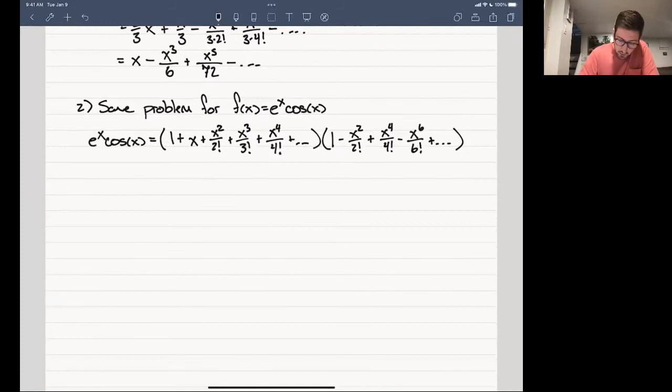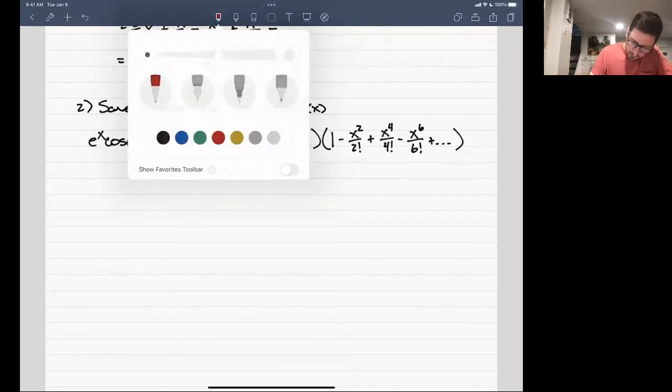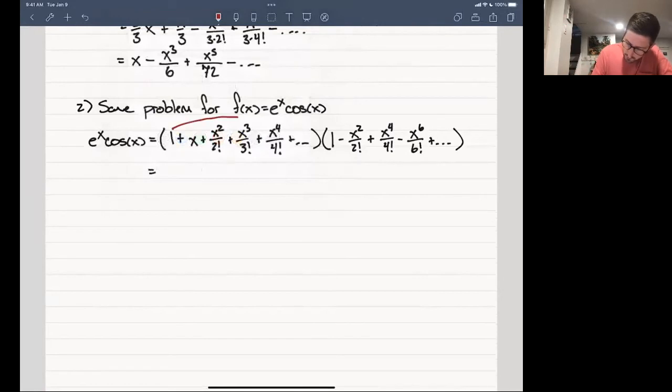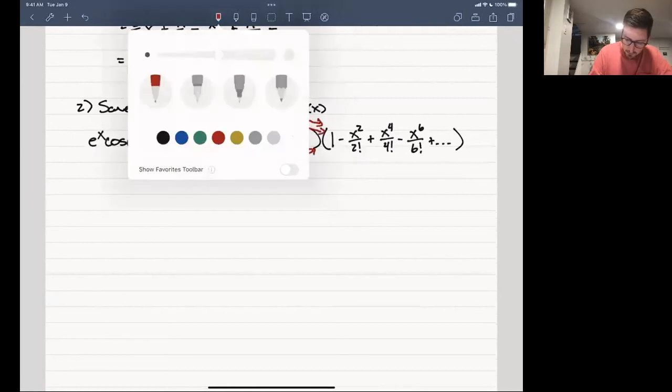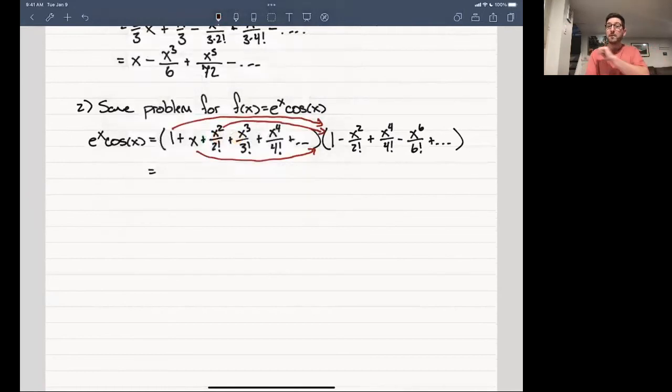But let's see how this works. We've seen something like this already. I'm going to take this 1 and multiply it into everything in the brackets. Then I'm going to take this x and multiply it into everything in the brackets. Then x squared into everything in the brackets. So I'm going to get an infinite sum of infinite sums. Okay, so it's going to be ugly.